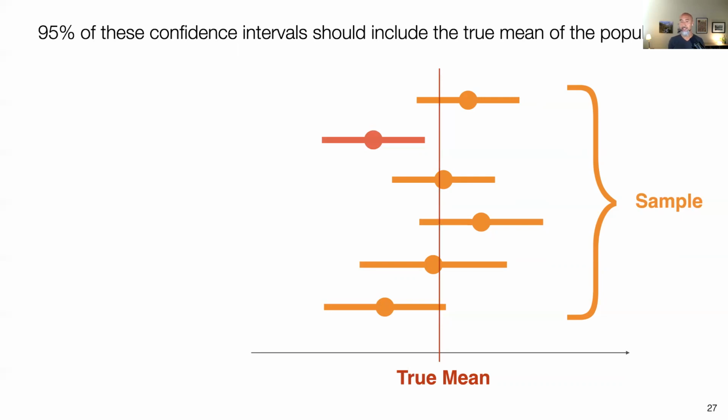In this case, we have only 6, but just imagine we have 100, and then 95 of them should include the true mean. Again, we're not going to be able to know the true average. So this is really theoretical, but this is how we actually think of a 95% confidence interval.